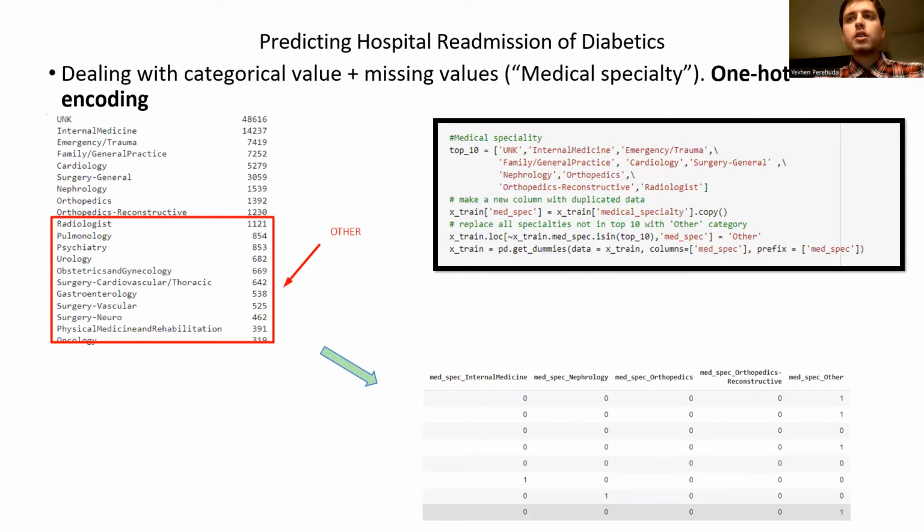For medical specialty, we decided not to remove it, despite the fact that many values were missing. We decided just to group them into an unknown value, and we decided to choose just the top 10 medical specialties, because there were more than 70 different medical specialties, and not to make our dataset too large, we decided to group everything after the 10th position into an other value.